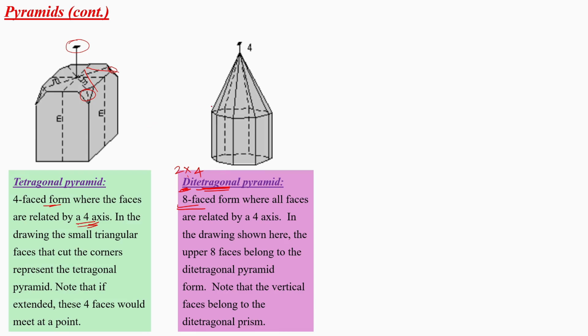So this particular tetragonal pyramid, which is related to the fourfold axis, will be divided into two similar sets of faces, 1 and 2. So it is called ditetragonal pyramid.